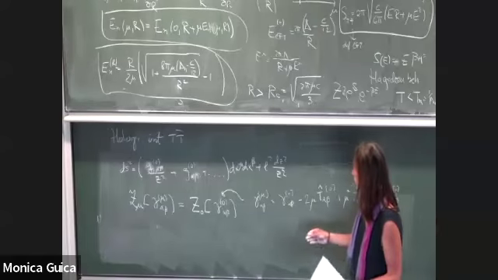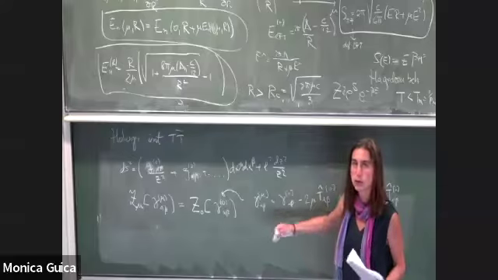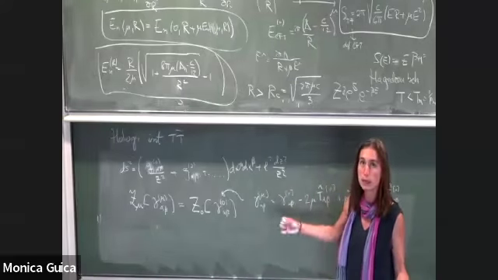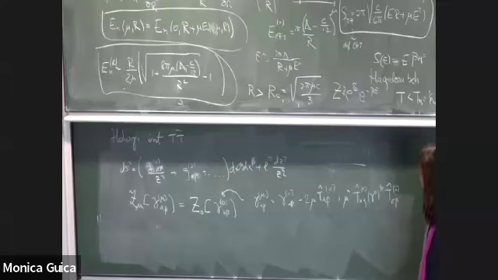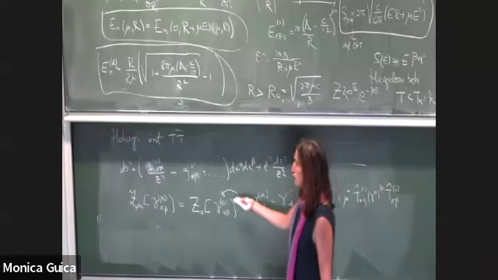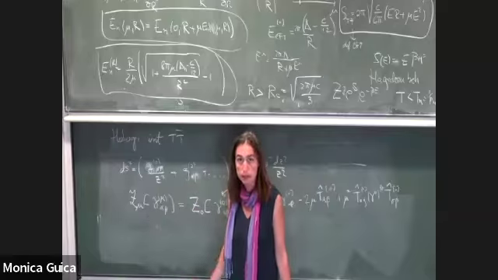And also the relationship between the VEVs in the deformed and undeformed theory, they're not exactly equal as they were for scalars, but there's a correction term. I won't write it. As it turns out, this is the result of the large N analysis.